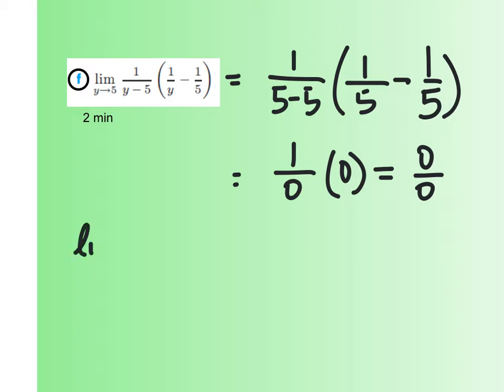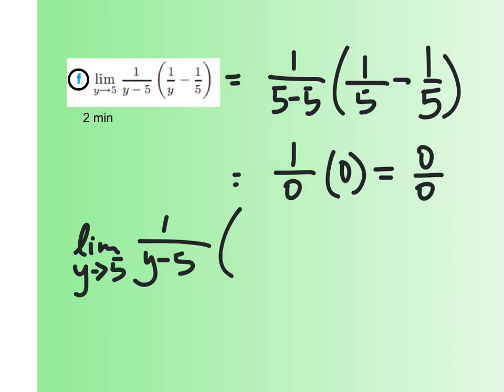So my method on this one, we don't have a whole lot we can do with factoring. Therefore, what I'm going to do, I'm going to leave the outside alone. And on the inside, I'm going to get a common denominator. Okay? Let's do this. So let's take 1 over y, and let's multiply top and bottom times 5. Okay, and then let's take 1 over 5, and let's multiply top and bottom by y.